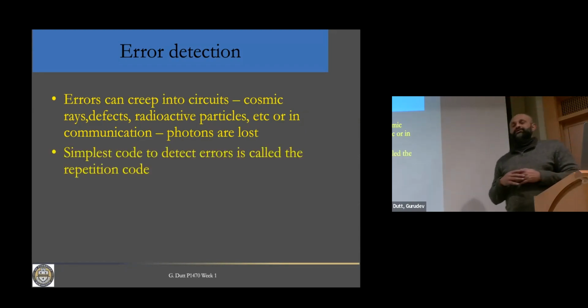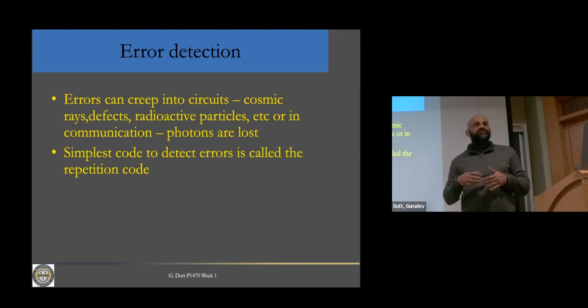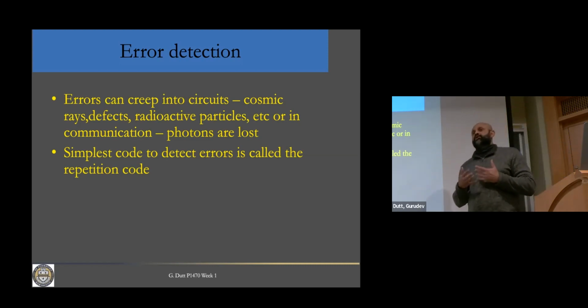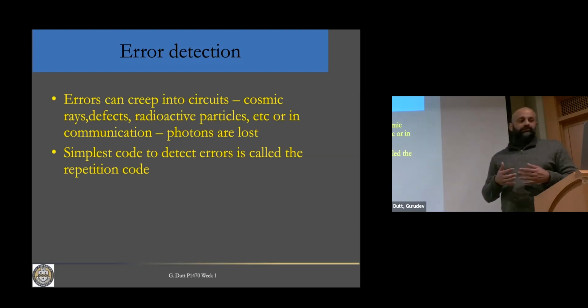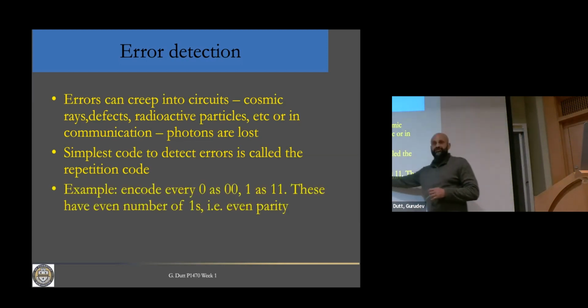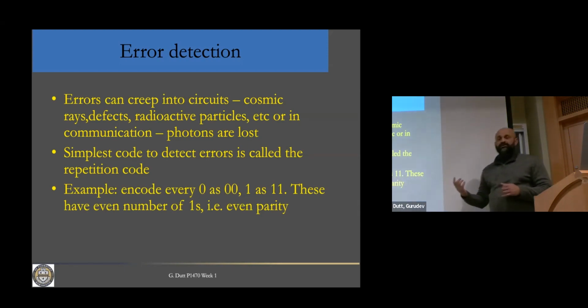But one thing we can do is transmit or encode the information in our circuits and in our communication platforms in such a way as to make them more resistant to errors. The simplest code that you could imagine is called the repetition code, and the idea is very straightforward. You encode every 0 as 0, 0 and every 1 as 1, 1.